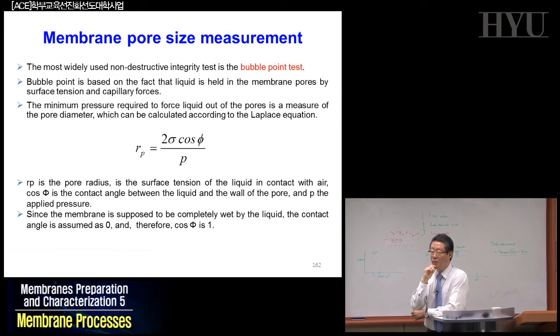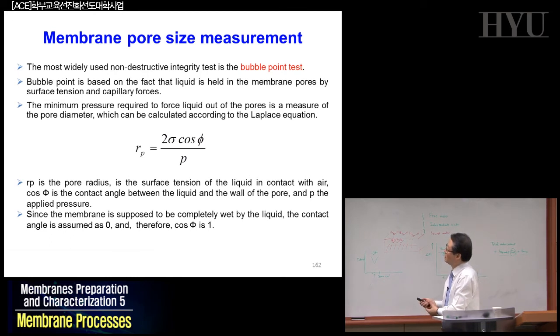Or if you cannot see it, then you have to measure it directly with several methods. We can use gas, or a liquid, or gas and liquid, or liquid and liquid. So I will show you some of the representative methods.